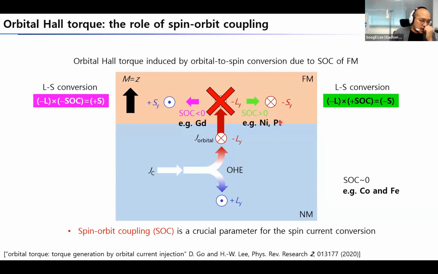In addition, in the case of cobalt and iron, the orbital angular momentum cannot make a large spin-orbit torque due to their negligible spin-orbit coupling strengths. This is a brief summary of this paper. Please keep in mind the role of spin-orbit coupling and the sign change of the total spin-orbit torque with the orbital to spin conversion process.